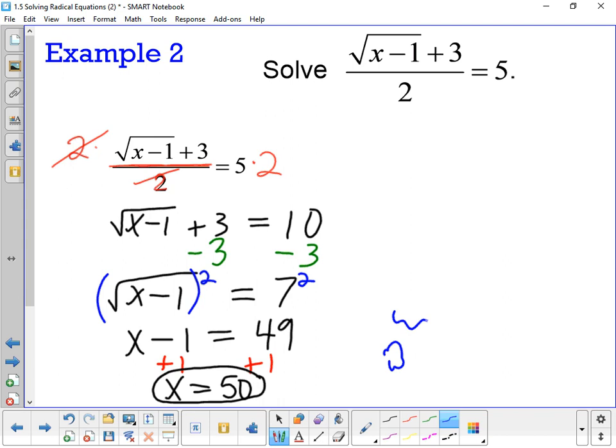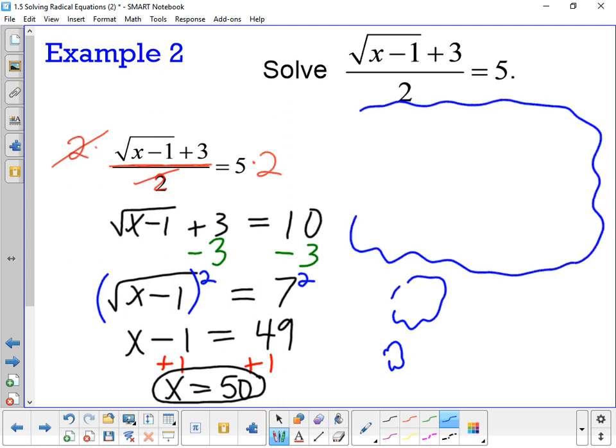So if I'm thinking about this, my little thought bubble, maybe for this one, I would probably do a mental check. It's the square root of 50 minus 1, plus 3, and if I divide that by 2, I want to know, is it equal to 5?